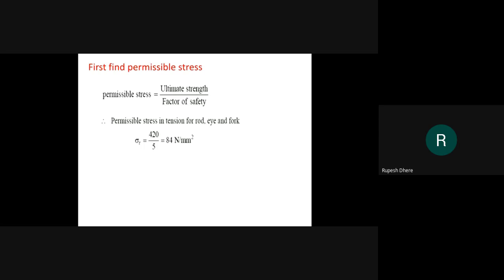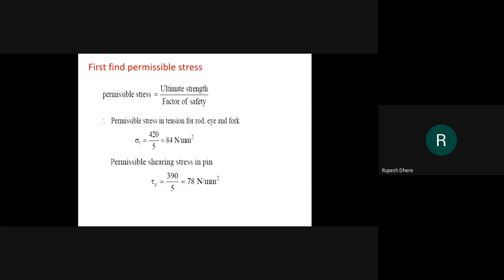So the stress value which we take for calculating dimensions, the sigma T value, will be equal to 84 Newton per millimeter square. Now we are not concerned with that 420. We are going to take the sigma T value as 84 Newton per millimeter square only.